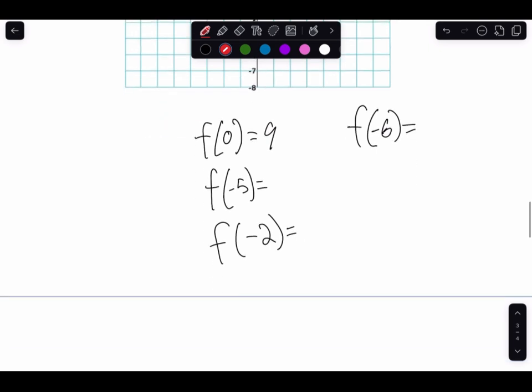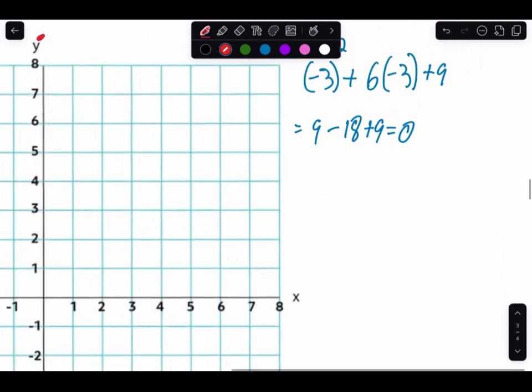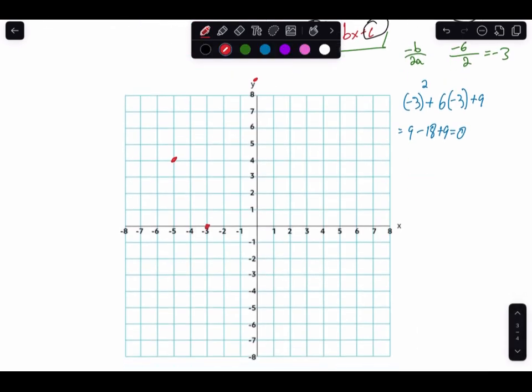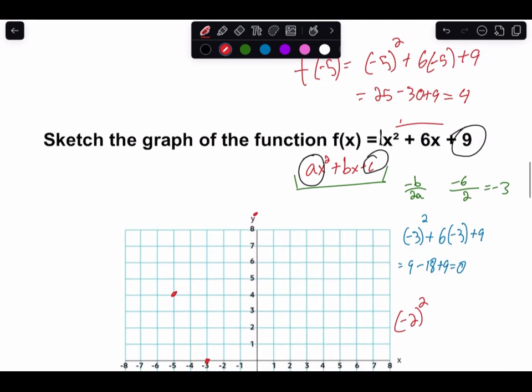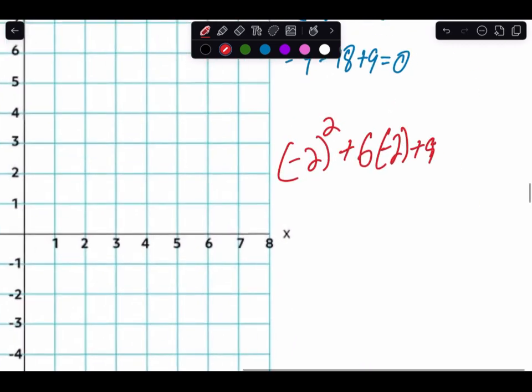Now f of negative 2 is going to be negative 2 squared plus 6 times negative 2 plus 9, which is 4 minus 12 plus 9, which is 1.